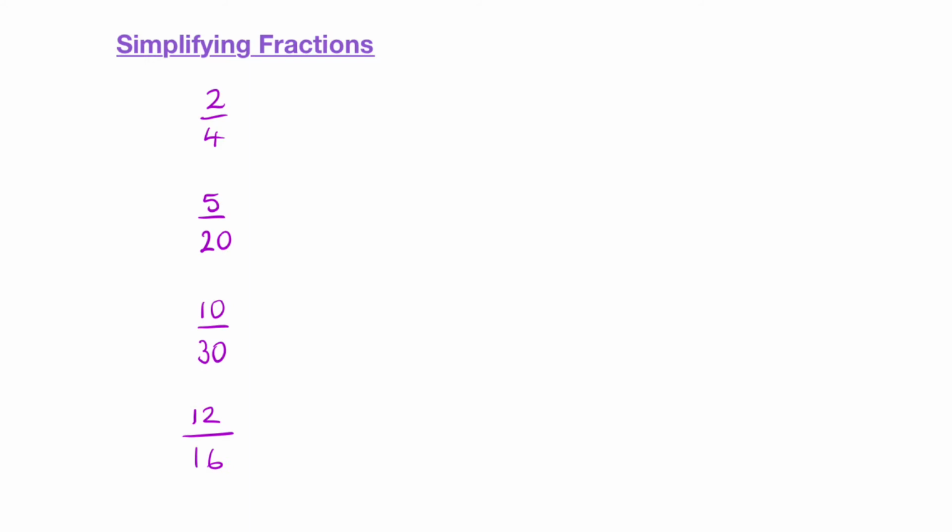Alright, so starting with 2/4, we need to find out a fraction that is the same size as 2/4 but is simpler than 2/4. So look, I'm shading 2/4 of that square there. But we can see, can't we, that the amount that's been shaded here is a half.